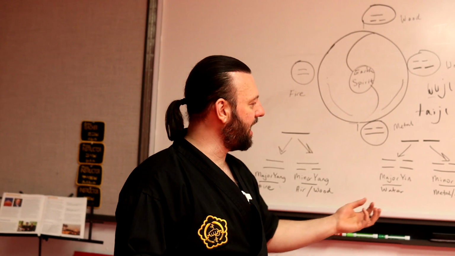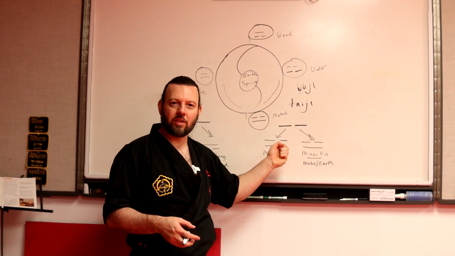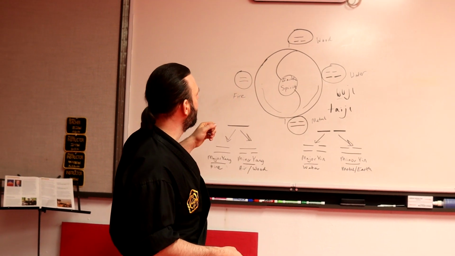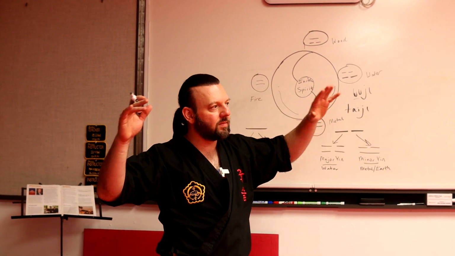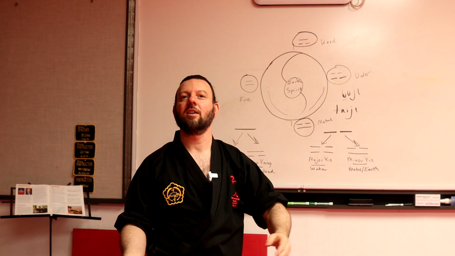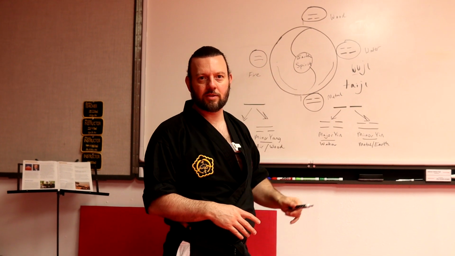So the hard aspect of metal is maybe what's being gone for there instead of the overarching totality of the planet Earth, which would contain all the other four the way this one does.